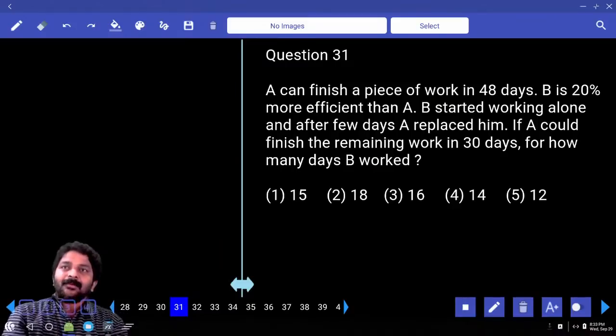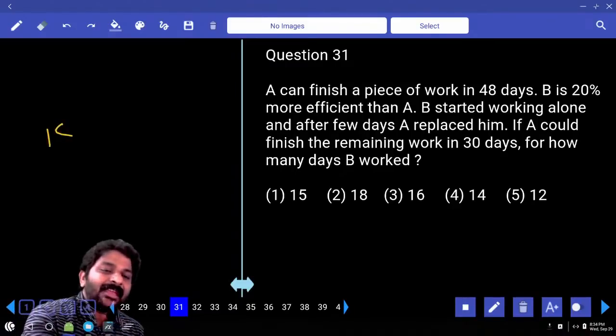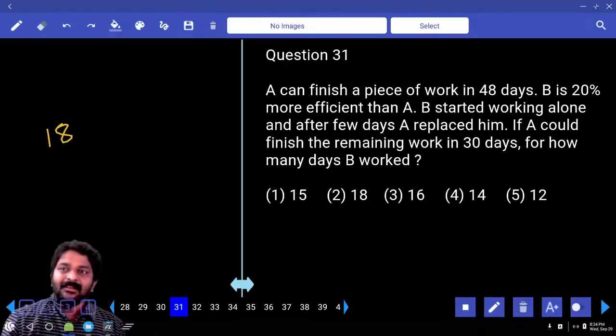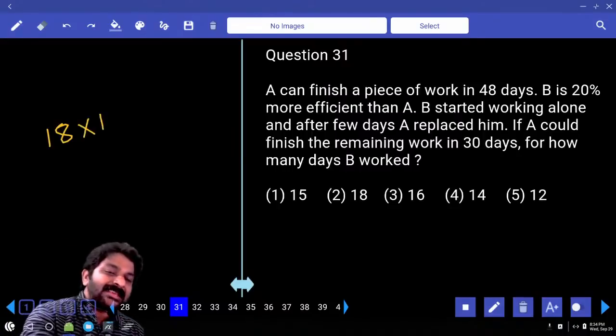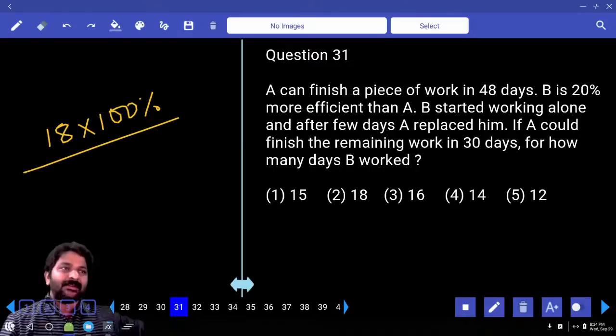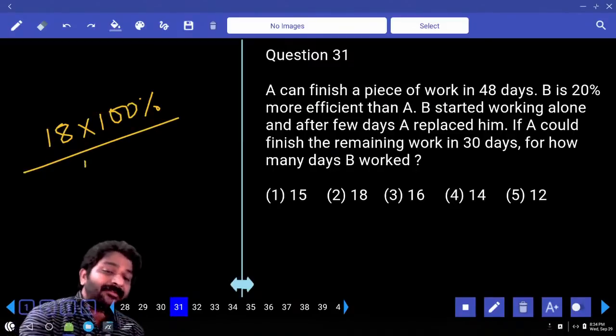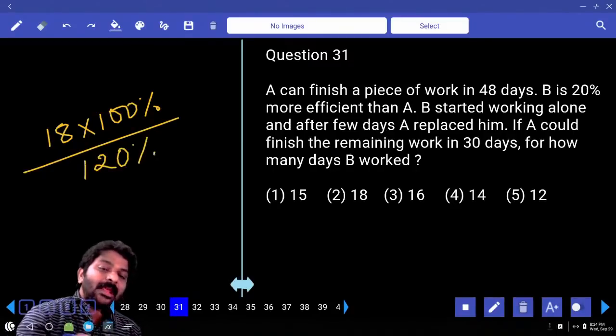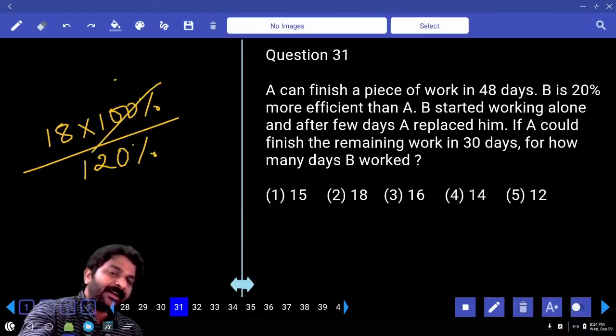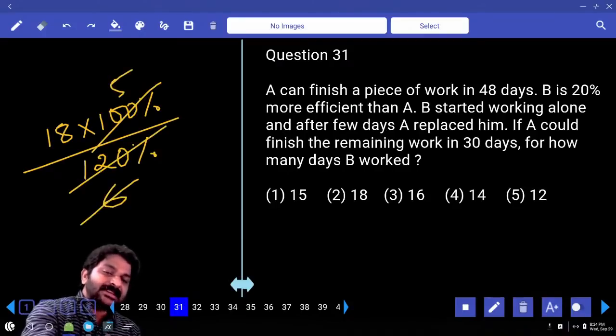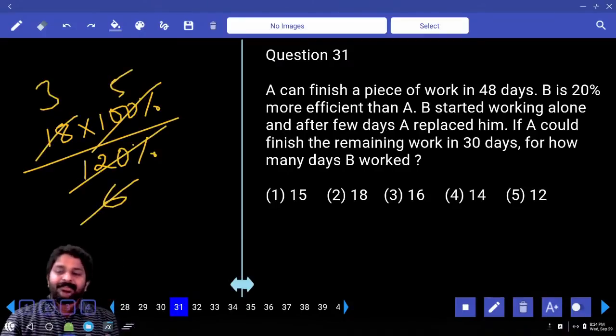So 18 days of A's work was supposed to be there, which was done by B. A efficiency per day is 100% only. 18 days of A's work, in the sense 18 into 100, was done by B, where B efficiency is 120%. 15, first option final.